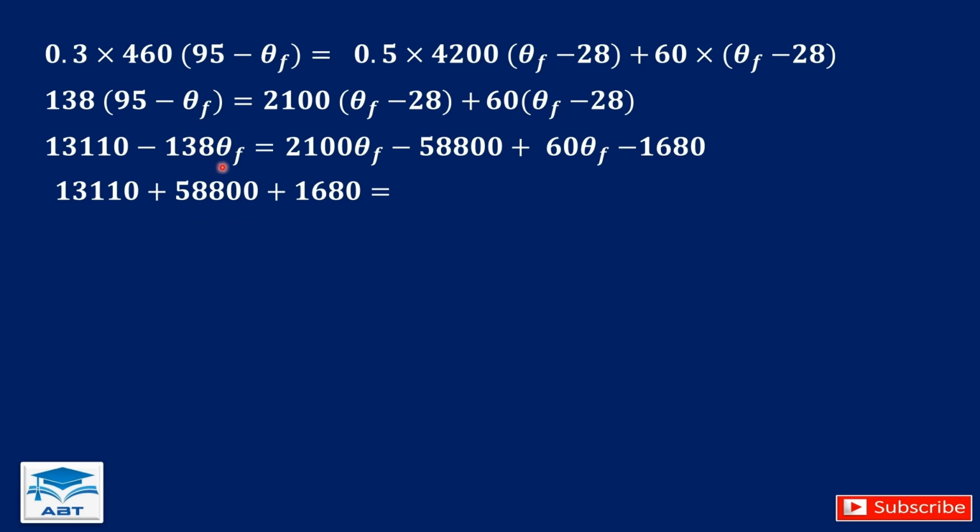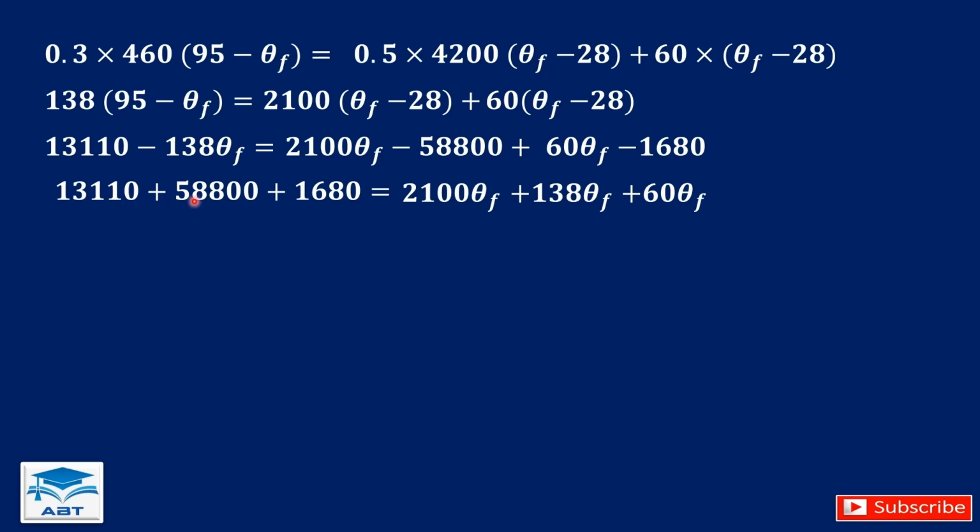When it crosses the equal to sign, it becomes positive. And we already have 2100 final theta here, plus this 138 theta f crosses the equal to sign to become positive, and we also have 60 theta f here.